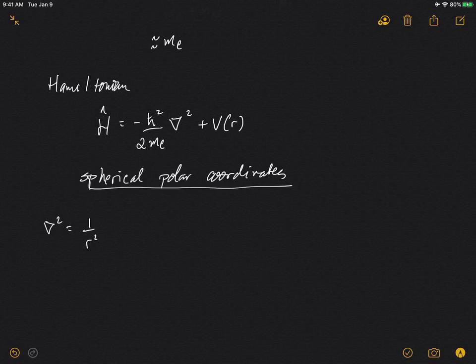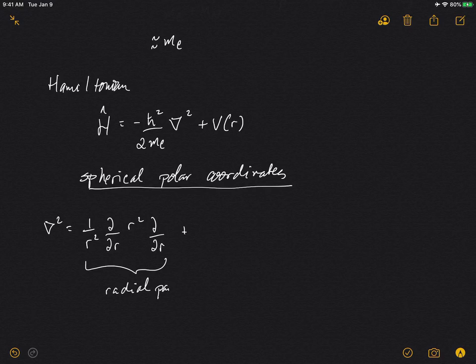the standard result is 1 over r squared d dr, r squared d dr, plus, so this is the radial term, or radial part.